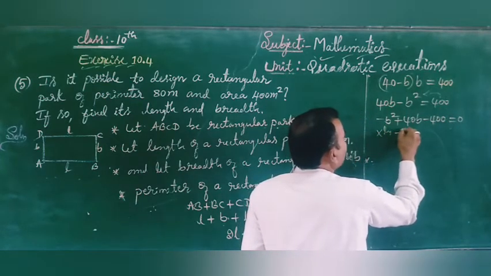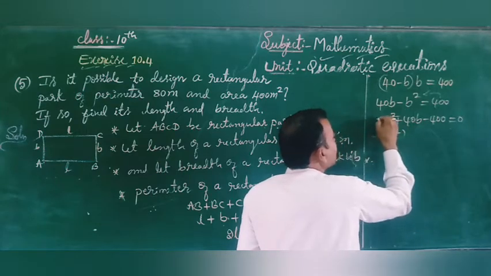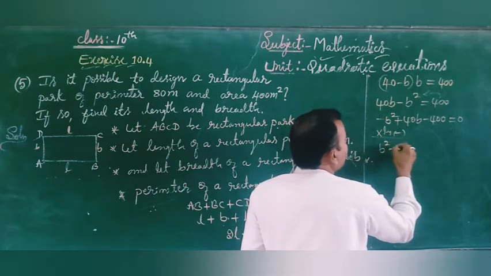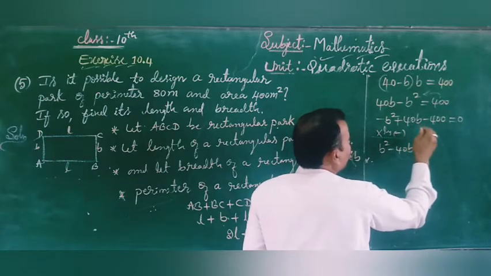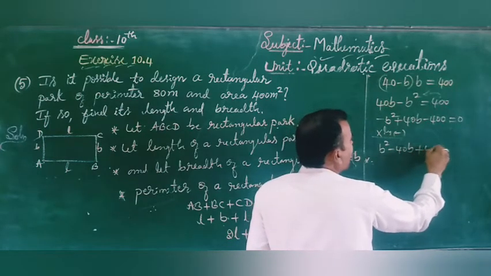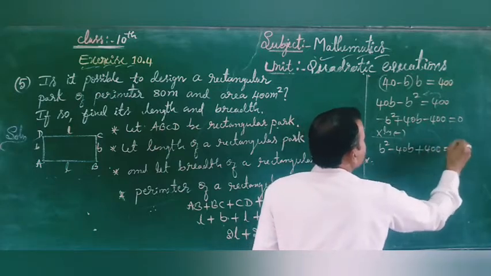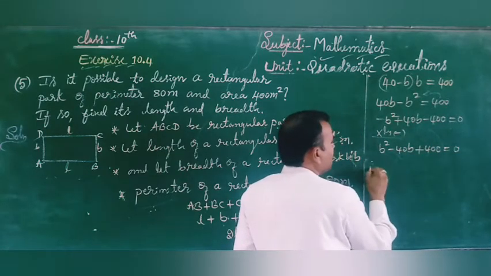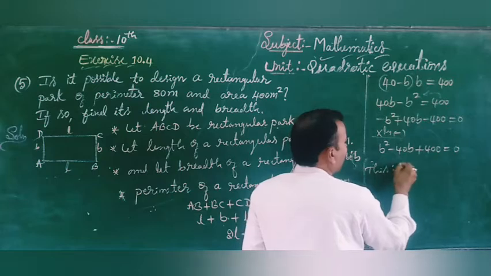Multiply throughout by minus: B square minus 40B plus 400 equals 0.